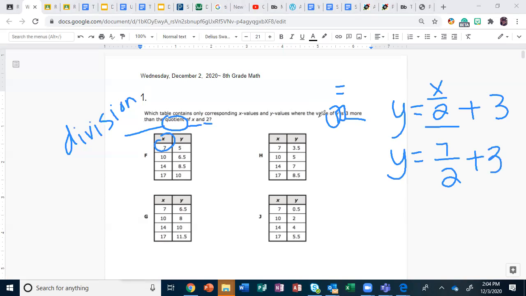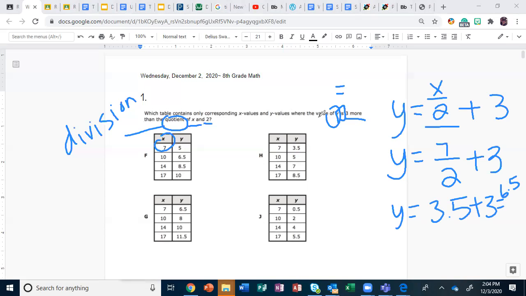What is 7 over 2? 7 divided by 2 is 3.5. What is 3.5 plus 3? 6.5. Which one has 7 is equal to 6.5?